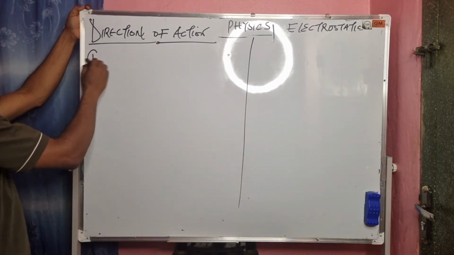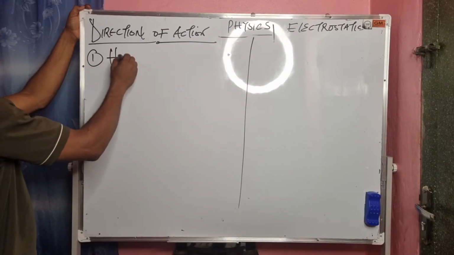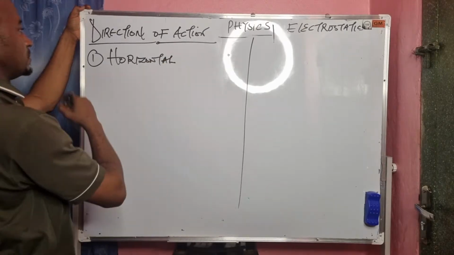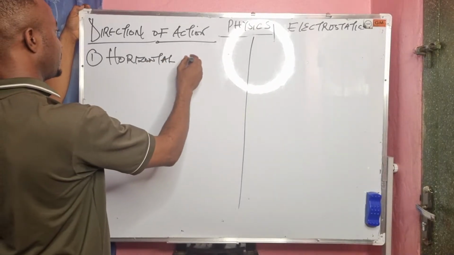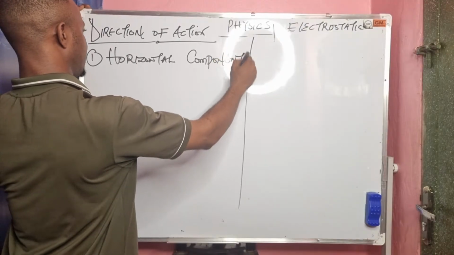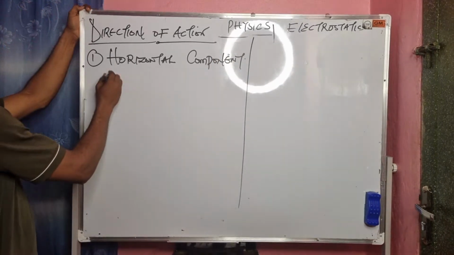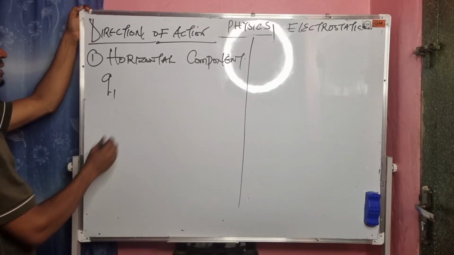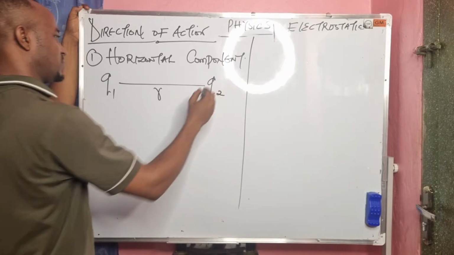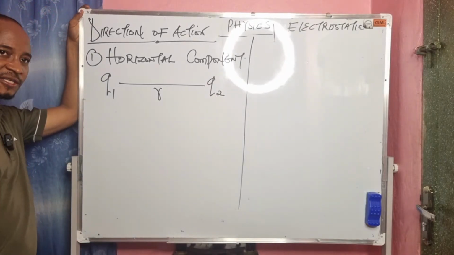The first case, case 1, we look at what we call horizontal components of forces. If I have charge 1 separated by distance r, I have my charge 2 here. All right?